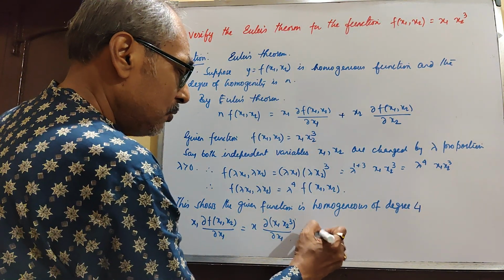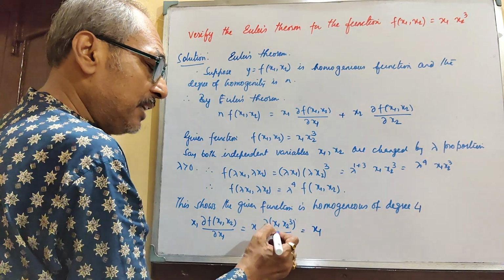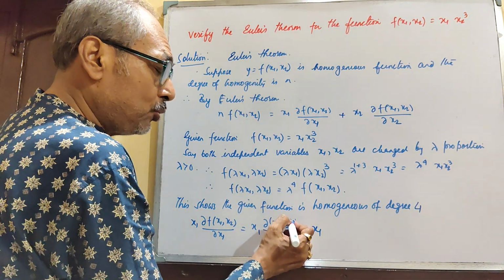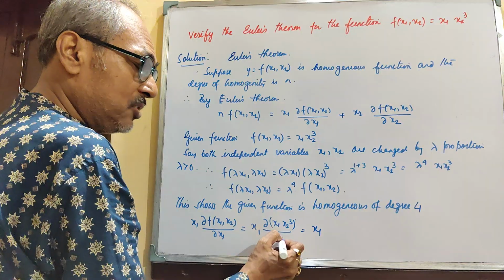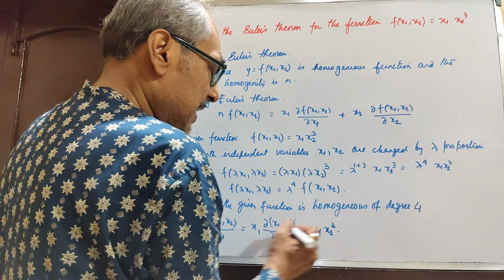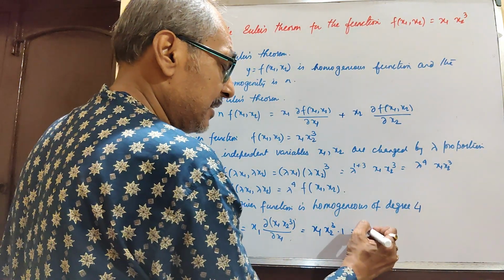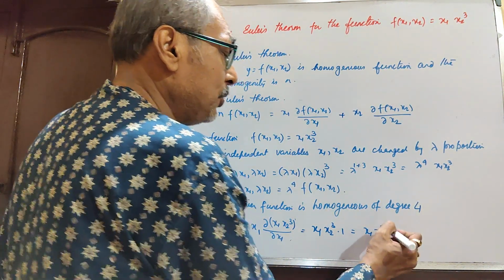Therefore, this x1 comes here. Now we differentiate x1 x2 cube with respect to x1 keeping x2 constant, that is x2 cube, and x1 differentiated with respect to x1 is 1. This is x1 x2 cube.